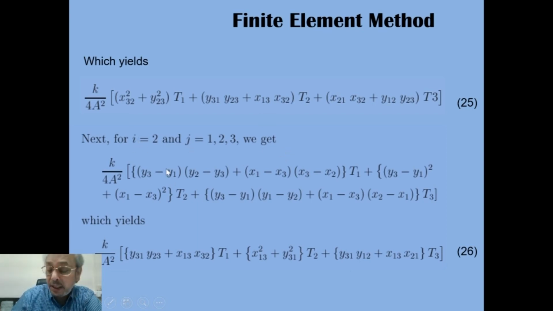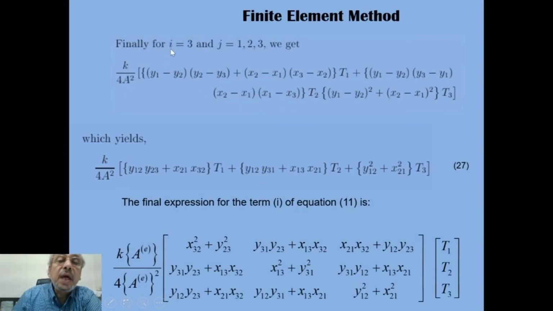If we again evaluate, we will finally get T1 with its coefficients, T2 with its coefficients, and T3 with its coefficients. Basically that is equation 26, and in the same way i equal to 3 and j equal to 1, 2, 3 will give us equation 27.